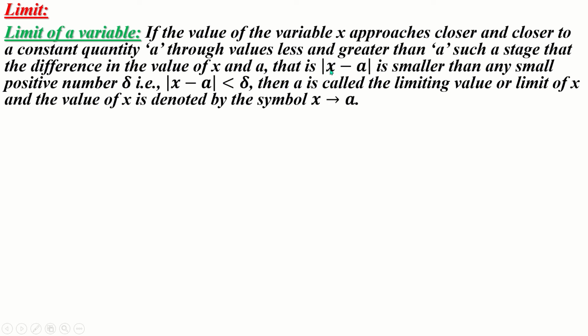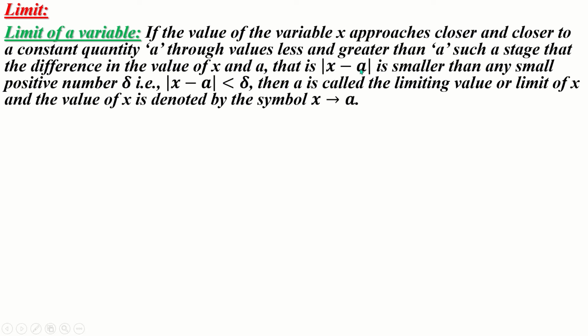For example, x and a are nearer values, that means x is equal to 2, and a is a value nearer to 2. Nearer to 2 means either 1.99999, that is less than 2, or we can write 2.001 or 2.0001.